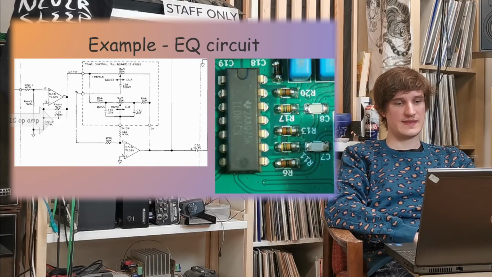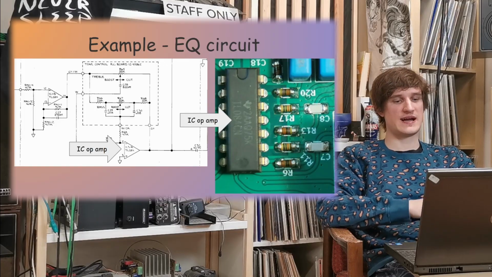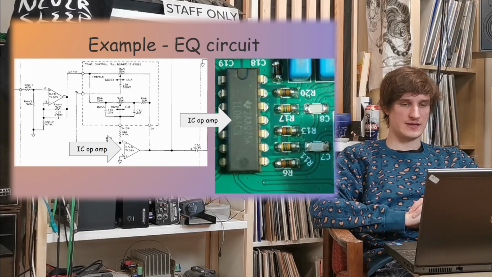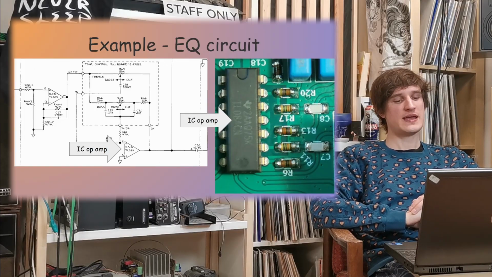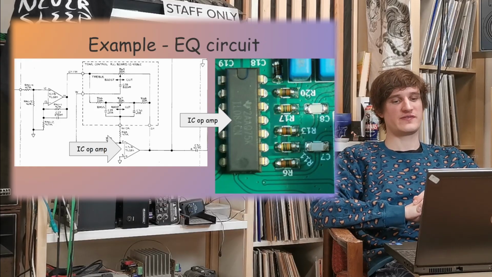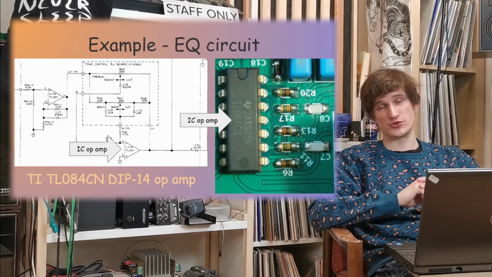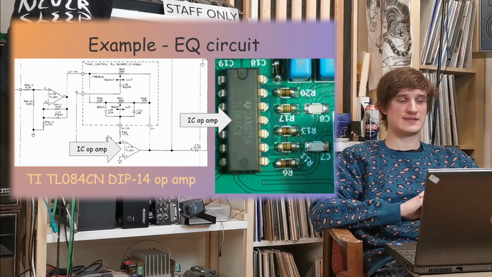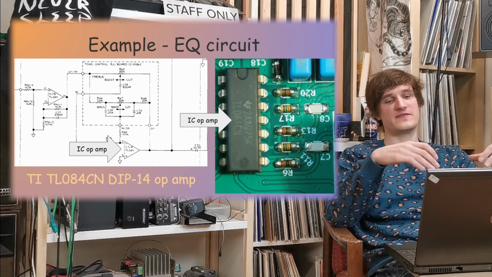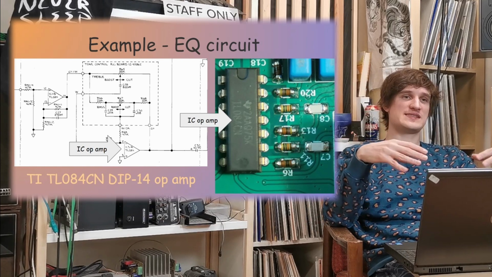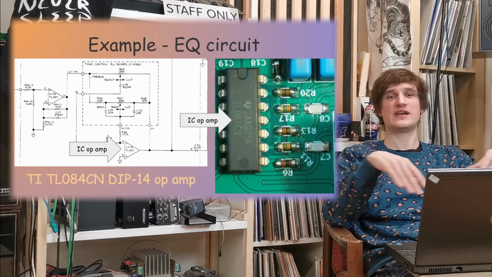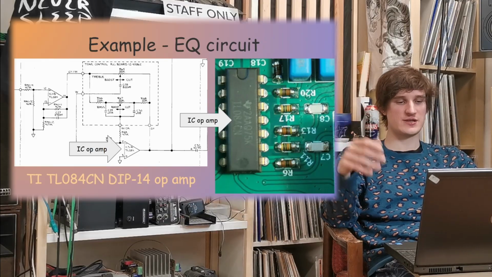And next thing is the IC op-amp, integrated circuit op-amp. Here we have this classic TL084 that was used in the original array, and also a very common chip, TL072 or 74, is used in many mixers.